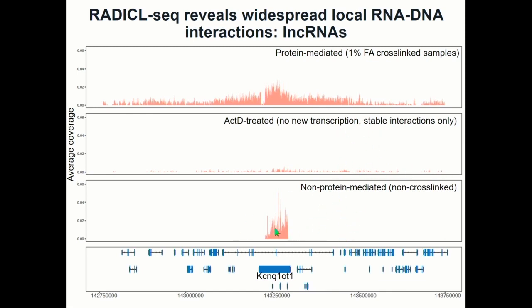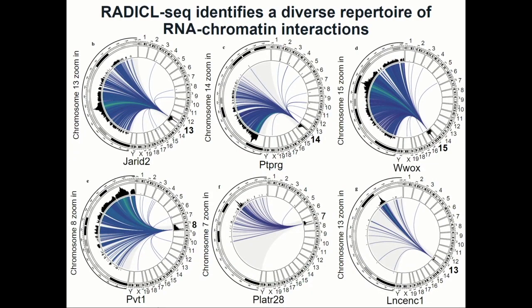I'm going to omit the additional controls here, with a non-cross-linked sample. How does it look? We found that many RNAs, and actually the surprise is that many protein-coding RNAs as well, many introns of protein-coding RNAs as well, are binding the chromatin, and sometimes it is counterintuitive.